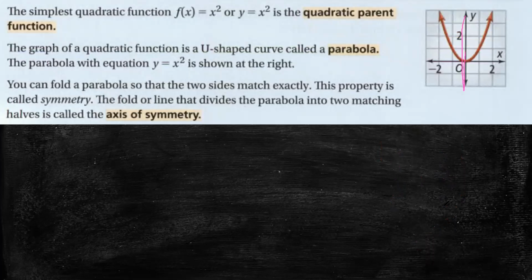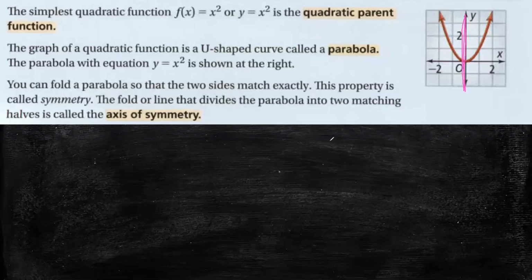This is the y-axis that cuts the parabola into two equal halves, where the first half is symmetric with the second half. We called it axis of symmetry. So the axis or the line that divides the parabola into two matching halves, we called it axis of symmetry.